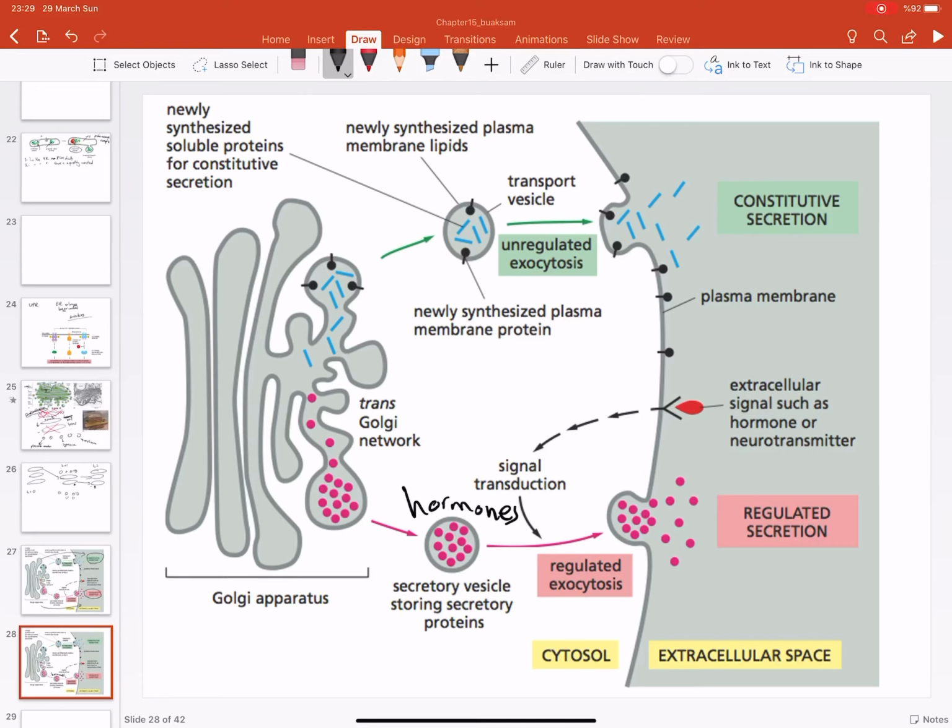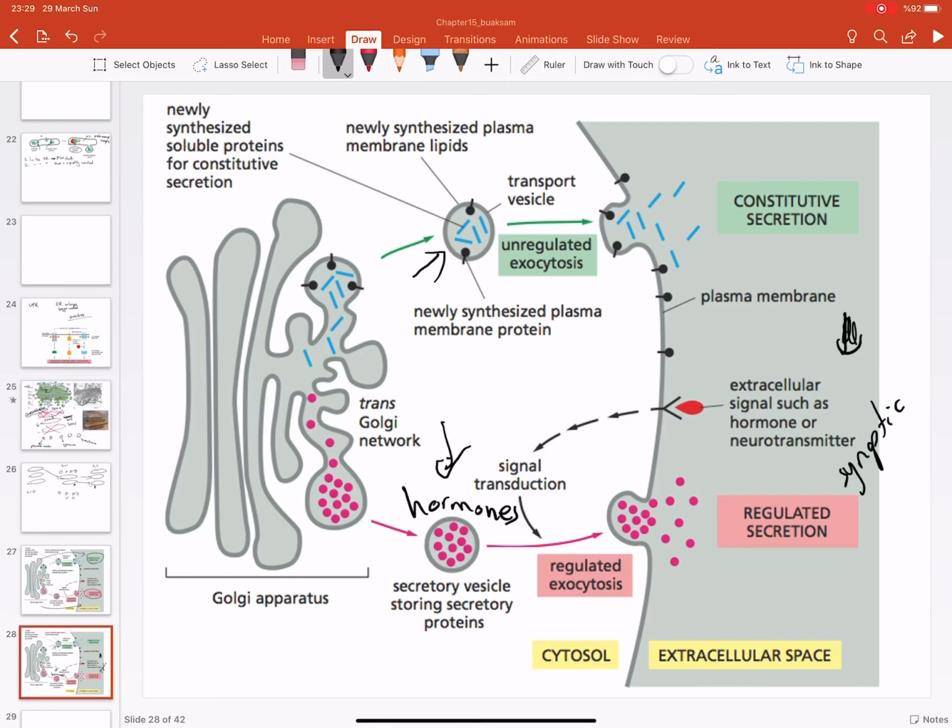And think about the neurotransmitters. The release of neurotransmitters, let's say in this case, to the synaptic cleft. Do you think the neurotransmitters are released in a random constitutive way or in a regulated way?